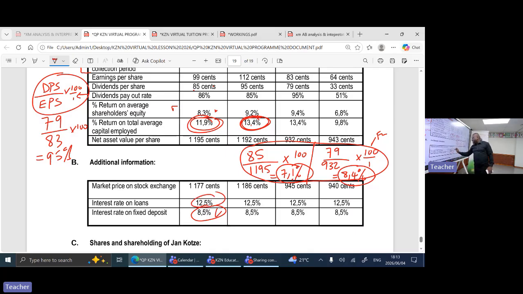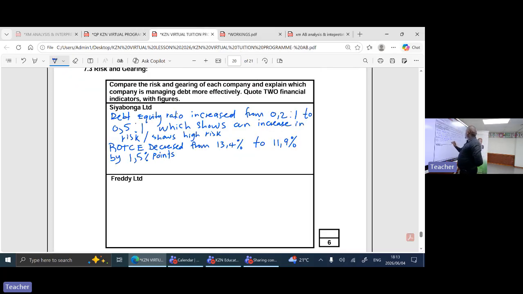So this is below the interest on loan of 12.5%. So you write here that this is the interest on loan of 12.5%. Now, this is negative gearing, not positive gearing here.